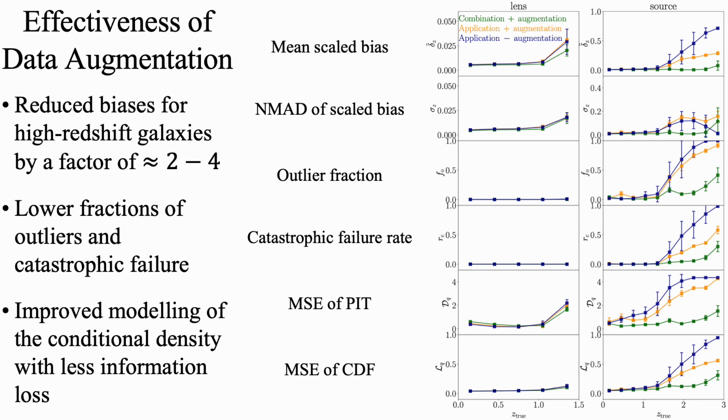Here we present 6 distinct statistical metrics to evaluate the performance of photometric redshifts, with data augmentation denoted in orange curves compared to without data augmentation denoted in blue curves.